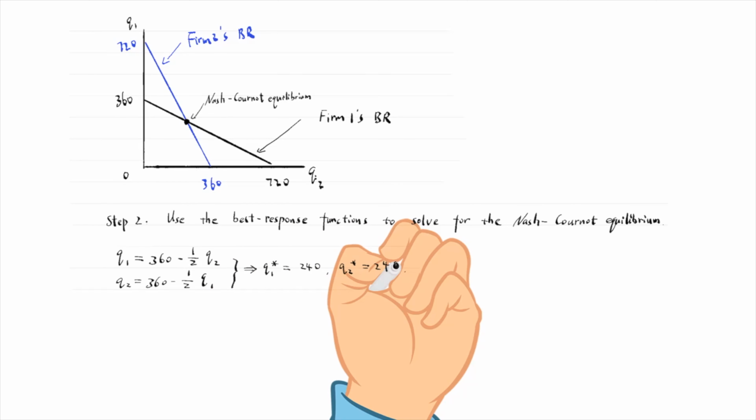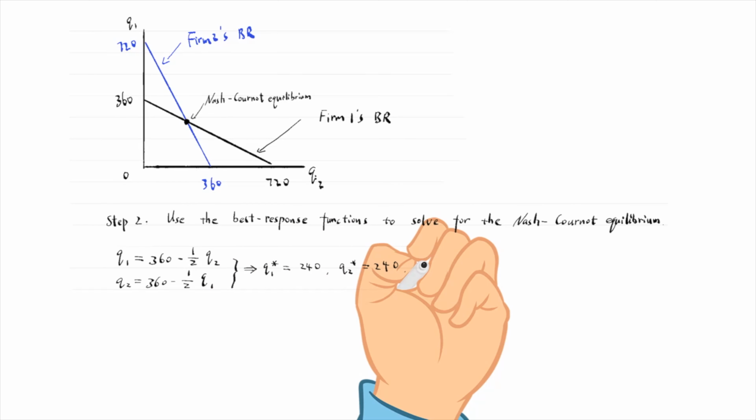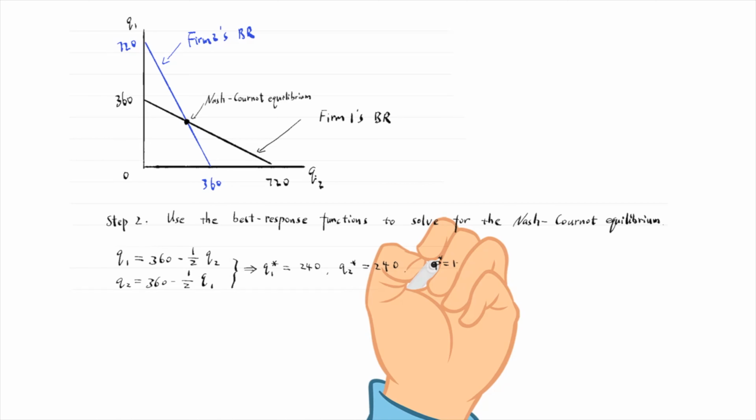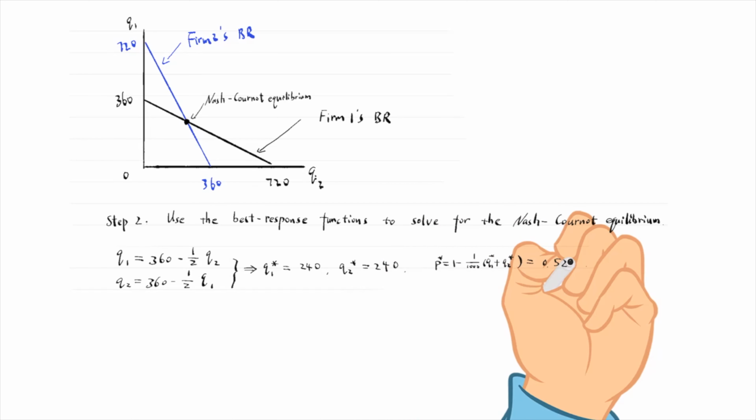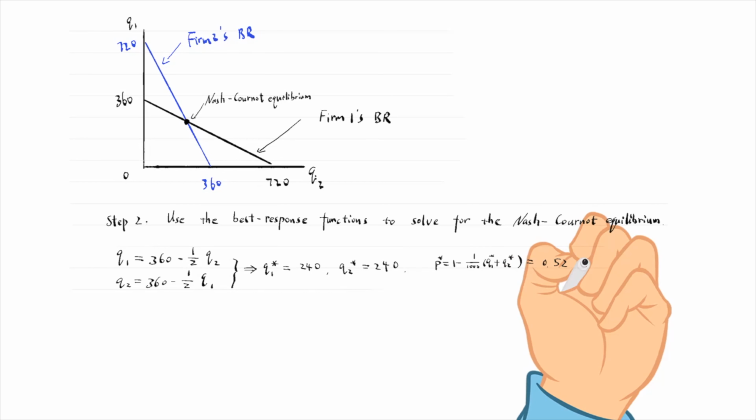Each firm produces 240. Finally, we substitute the quantities into the inverse market demand function to find the Cournot market price, which equals $0.52 or 52 cents.